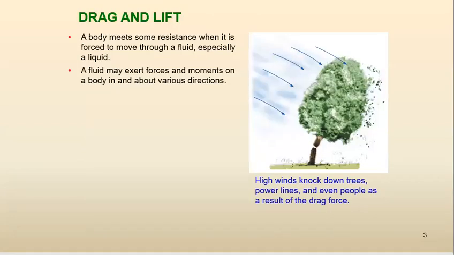Not always is the solid body moving against the flow. Sometimes a fluid moves over a stationary body, such as the wind blowing over a building, and other times a body moves through a stationary fluid, such as a car moving through air.